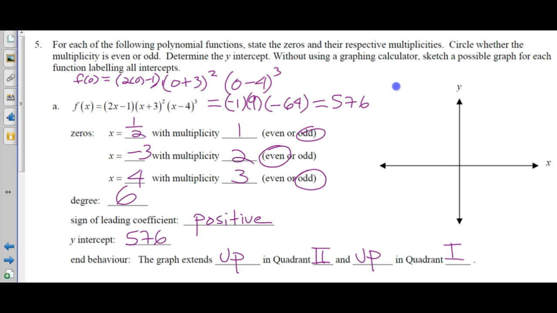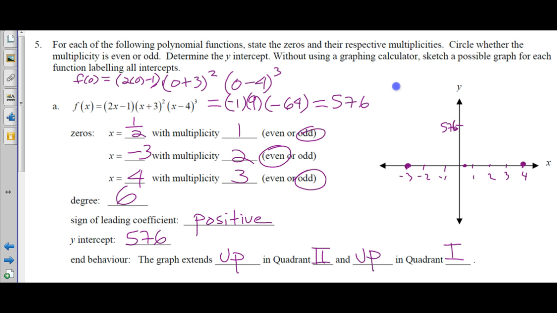All right, so now we want to put it all together. We've got a negative 3, so let's get the scale on here. We've got to go to positive 4. We need a 576. So we've got an x, so we got 1/2, negative 3, and positive 4.